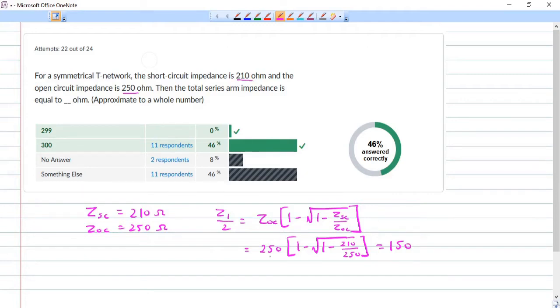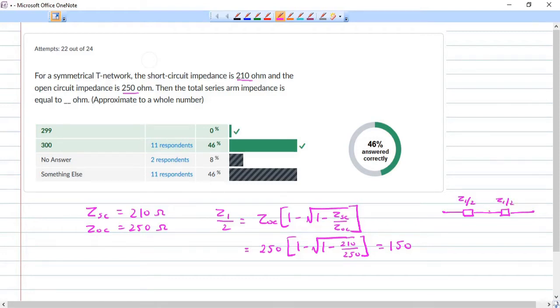Okay, so for a T network we have two elements along the series arm. So each one of these has impedance Z1 by 2 like that, and the shunt element will have an impedance Z2.